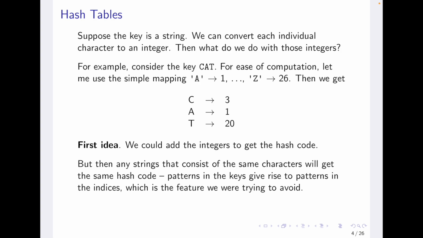That's good, maybe, simple to understand. But any strings that consist of the same characters will get the same hash code. Patterns in the keys give rise to patterns in the indices, and we're trying to avoid that.